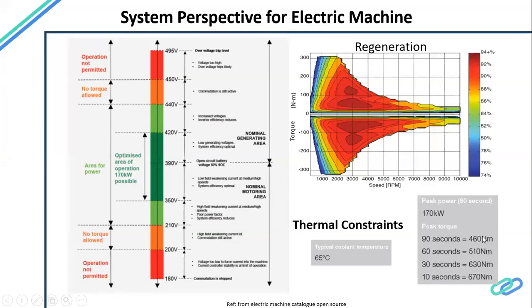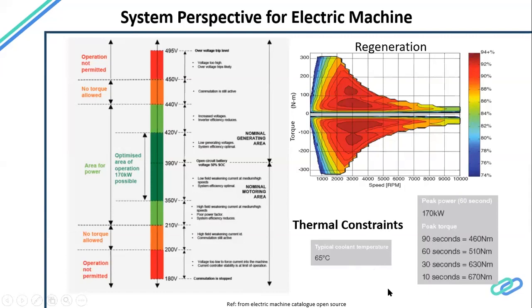So performance is moving towards continuous now, and going from peak to continuous is very much thermally constrained. The thermal consideration is a very key element going from peak to continuous.